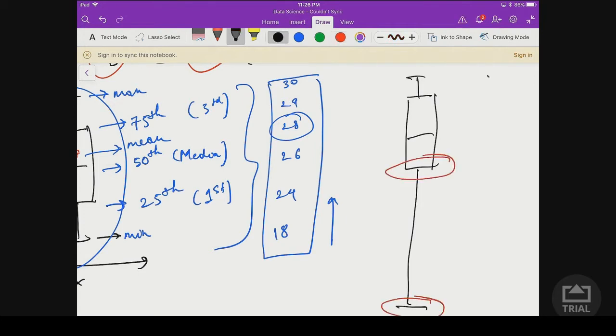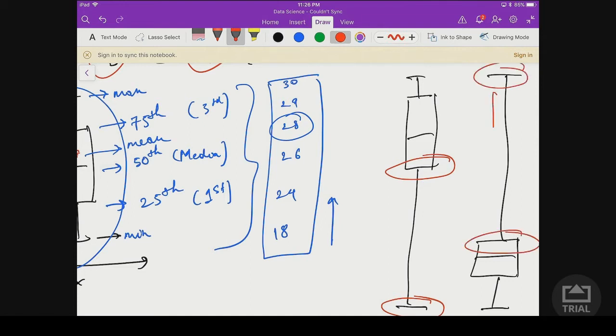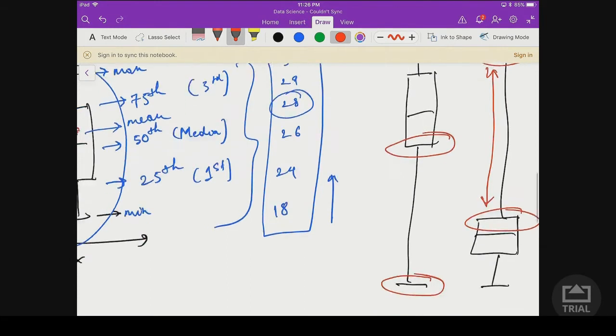In the same way, if we had something like this, you can see that there's a huge gap between the 75th percentile and the maximum value. So these are areas where you can see there are a lot of outliers. And similarly, the jump between two quartiles can help us understand where the data is distributed unevenly. This is one of the easiest and most commonly used techniques to first understand a numeric data set.